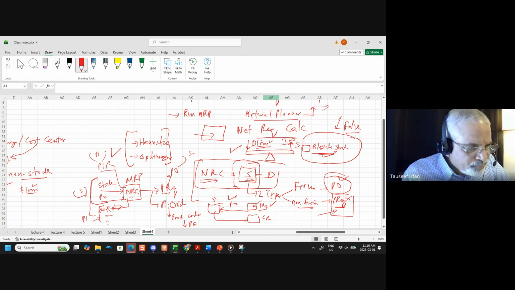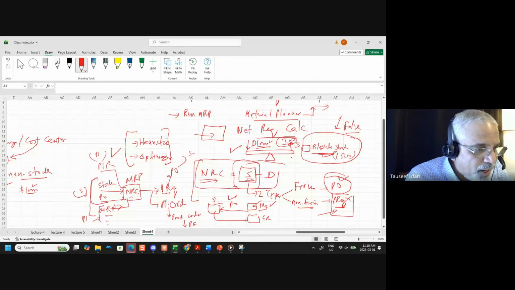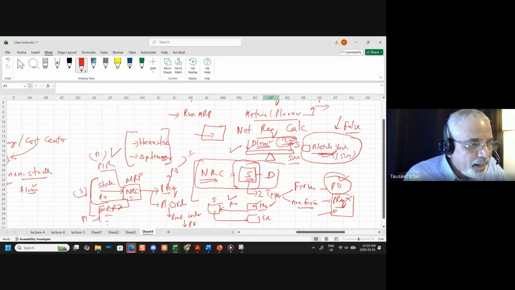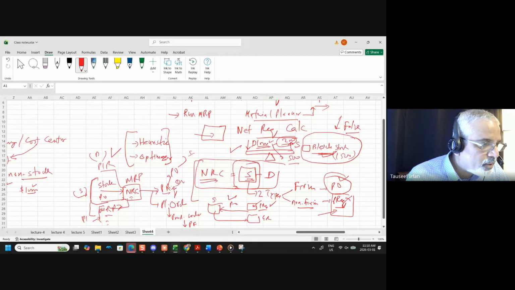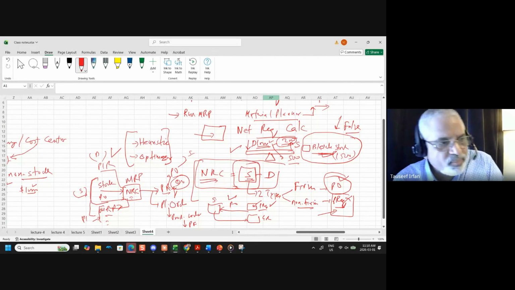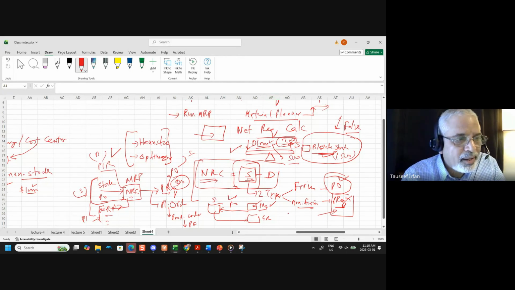So he will say, why did you put blocked stock as part of the regular supply? Because out of this 2000, 1500 belongs to the blocked stock. Only 500 was the real supply. I needed to issue a PO for 500 units. You understood the problem now? The demand and supply difference is 500 units.